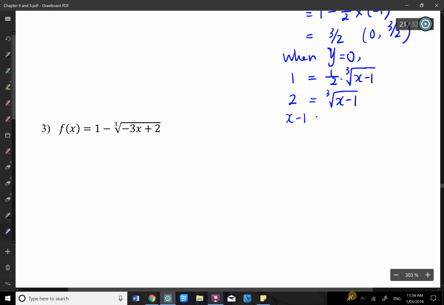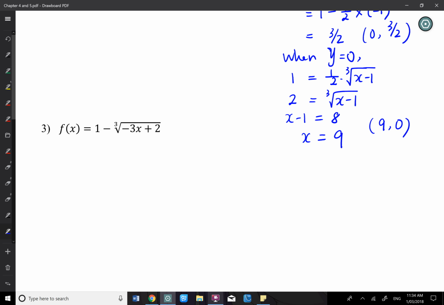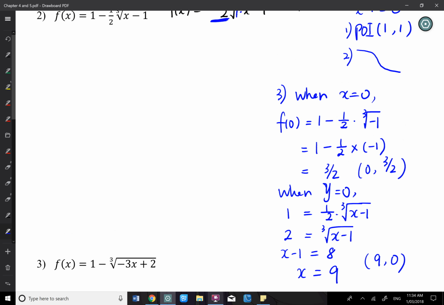Then x minus 1 equals 8, so x equals 9. So (9, 0) will be the x-intercept.